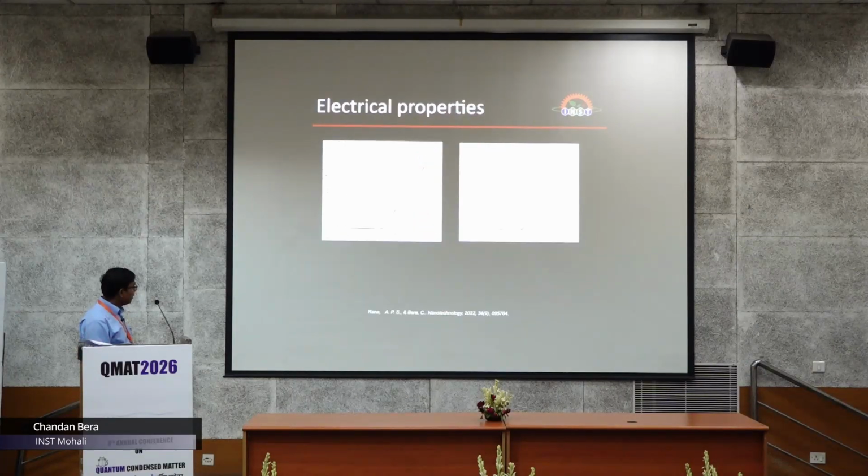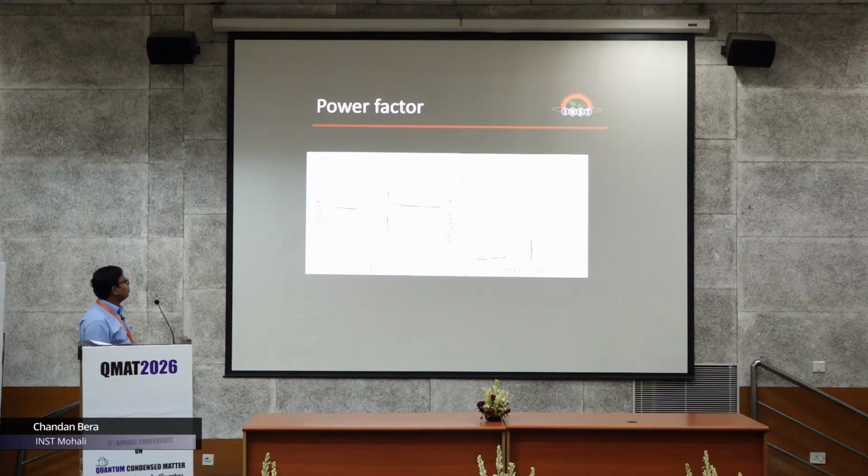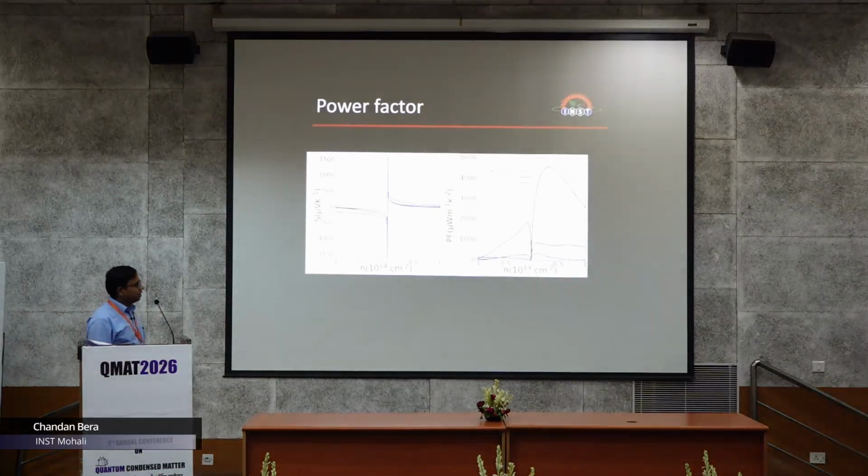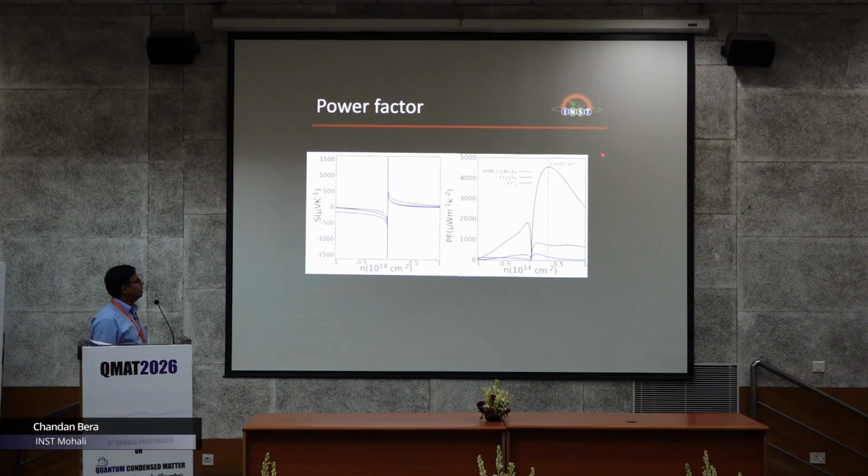Next we calculated the electronic thermal conductivity and the electrical conductivity, and then the Seebeck coefficients. You can see here the Seebeck coefficient of this material is higher than the previous compounds, and we also got a comparatively very high power factor in these materials.